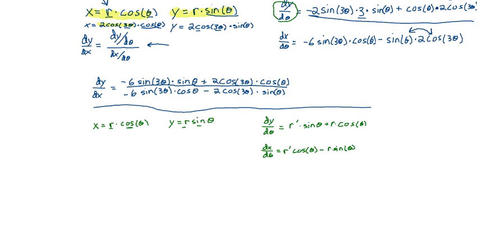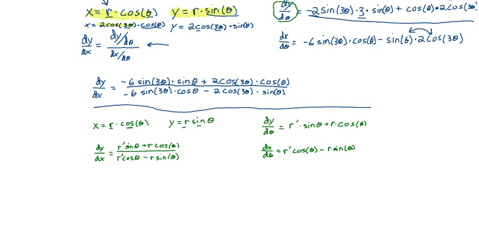So there's the general formulas, and if we want the derivative, dy over dx, we have to divide those two. So it is r prime sine theta plus r cosine of theta over r prime cosine theta minus r sine theta, once we put all of those together.